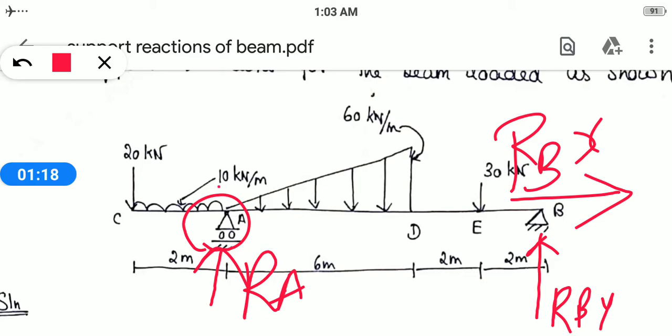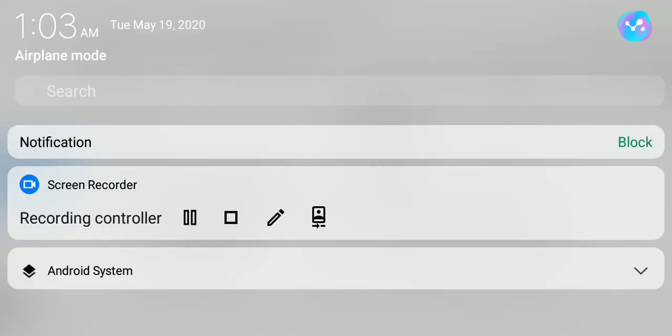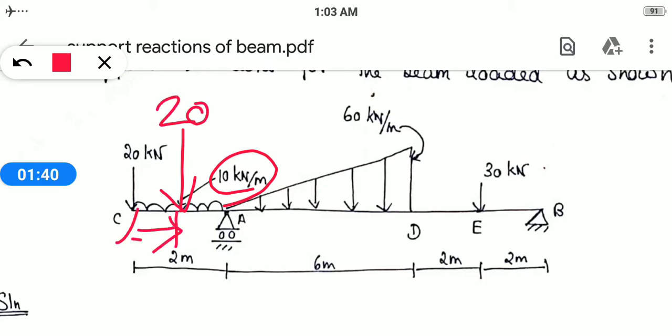Then to convert your UDL into a point load, what is the formula? W into L. So this 10 kilonewton per meter, which is your UDL, into 2 will give you 20. At which distance will it act? At 1 meter distance on either side.